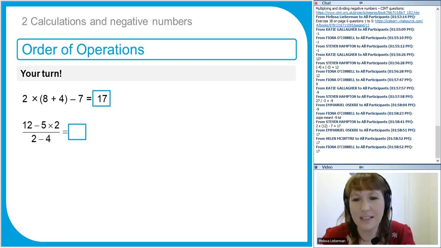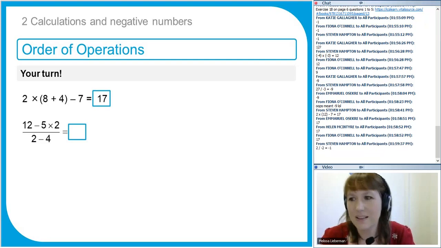Next one we've got the dividing line. So we've got 12 minus 5 times 2 divided by 2 minus 4. And there's some negative numbers in there, I think. So how do you think that will work out? Yeah, good, Stephen. And you put in your working as well. That's what I like to see.